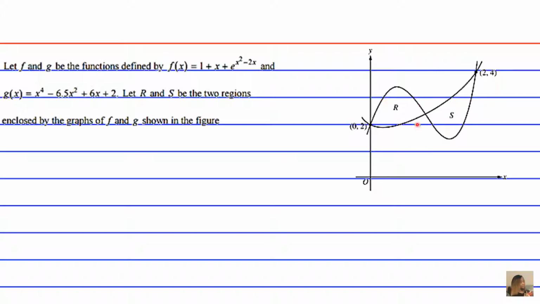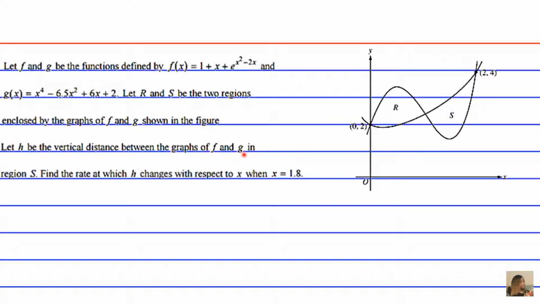So planar region R and planar region S. Let H be the vertical distance between the graphs of f and g. Right, so this can be considered H, the distance between them in region S. So specifically, we're concerned with region S.